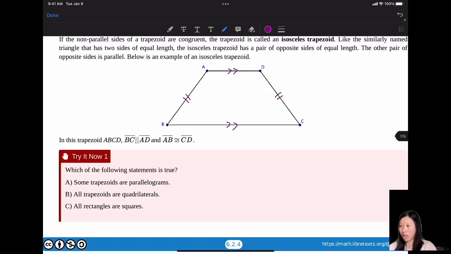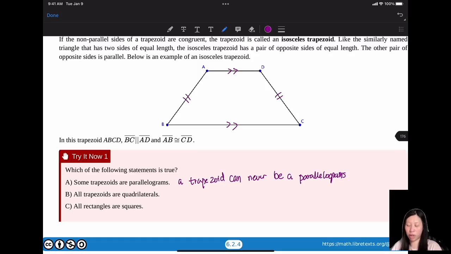So a trapezoid can never be a parallelogram. Next, all trapezoids are quadrilaterals. Yes, this is always true. A trapezoid is a special case of a quadrilateral.